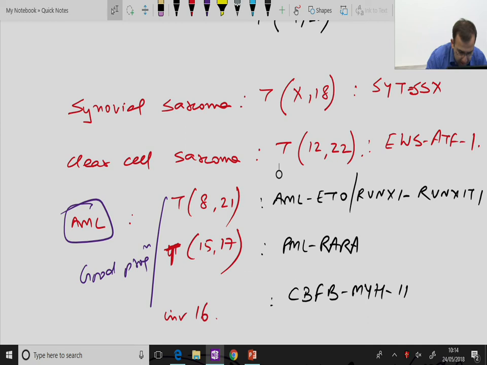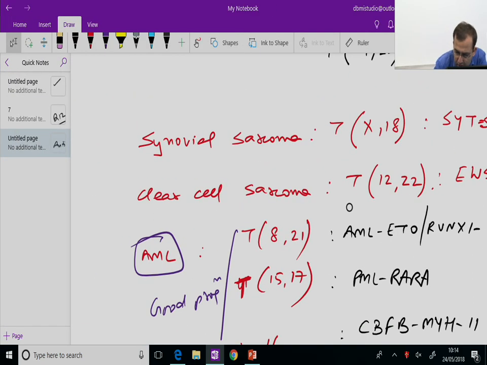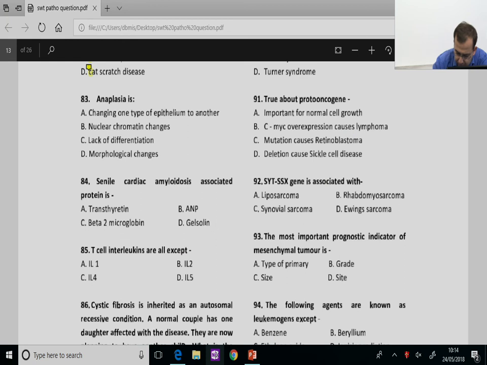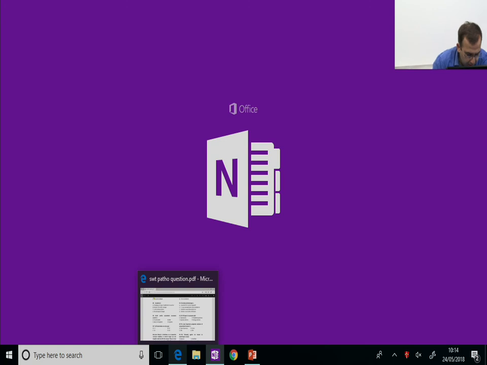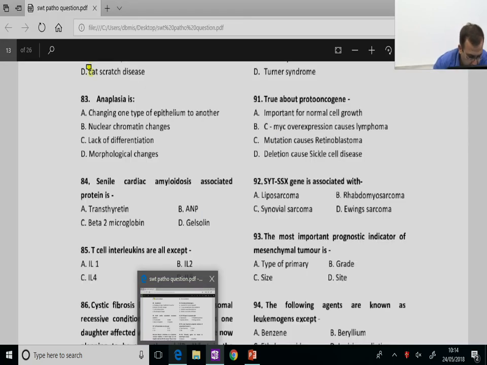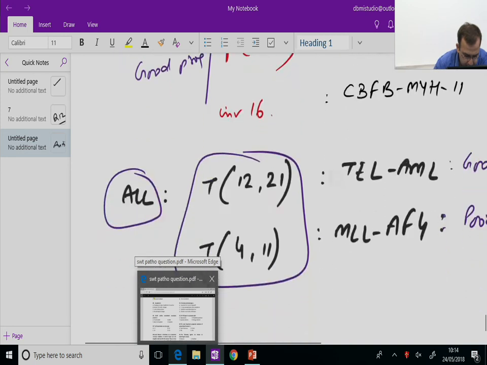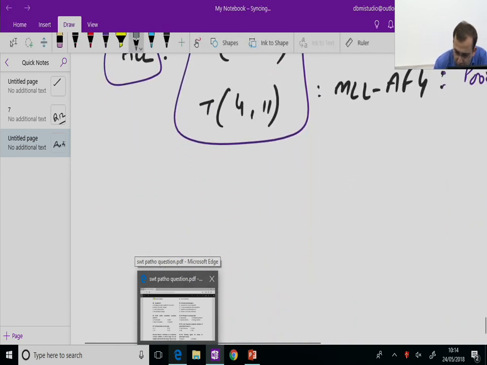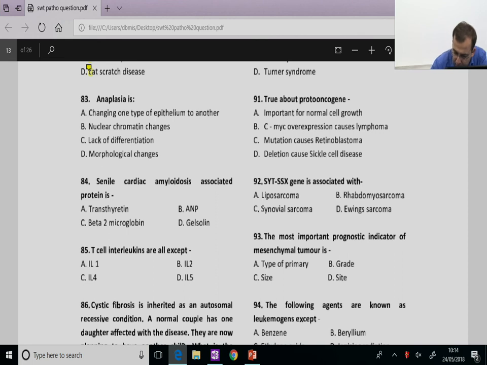Next, this gets us to question 93. Most important prognostic indicator of mesenchymal tumors is not the type, not the size or site, it is the grade of the tumor.